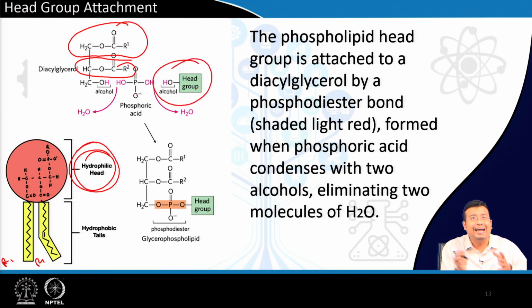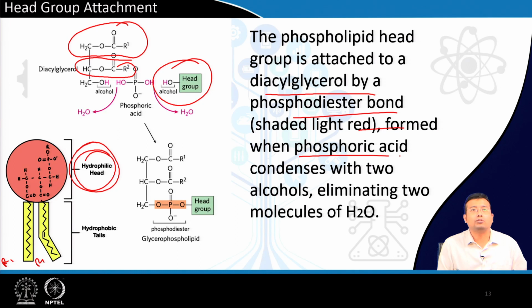How does it happen? It happens by a phenomenon where the phosphoric acid, when it condenses, eliminates 2 molecules of water. So, the phospholipid head group is attached to a diacylglycerol by a phosphodiester bond. What is a phosphodiester bond? It is the bond formed, this O-P-O from both sides, when a phosphoric acid condenses with 2 alcohols.